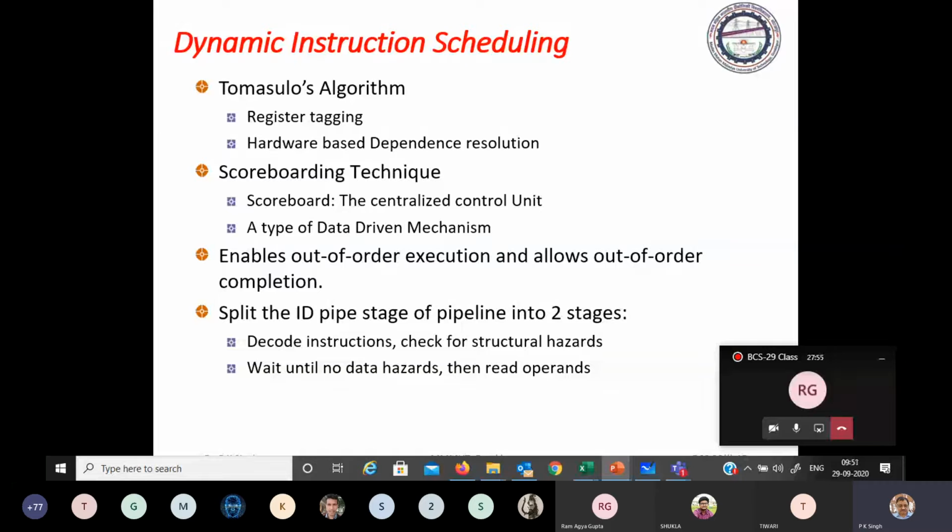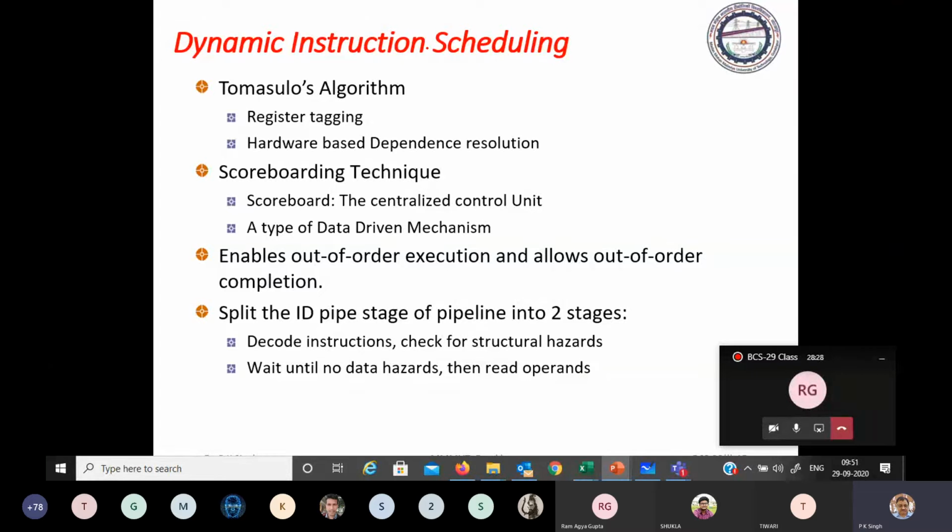We can also see that at the time of execution, we allocate the functional unit for a particular instruction. Here you just see, if you go to the execution level, you will get execution after decoding the instruction.